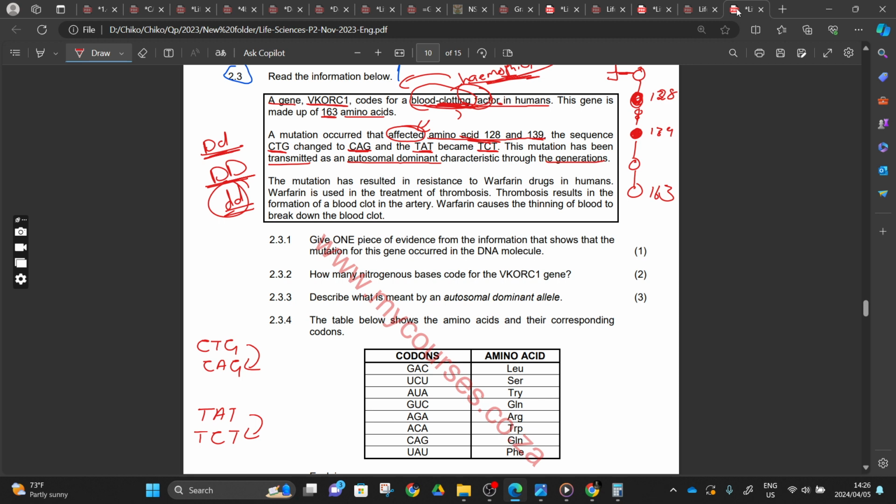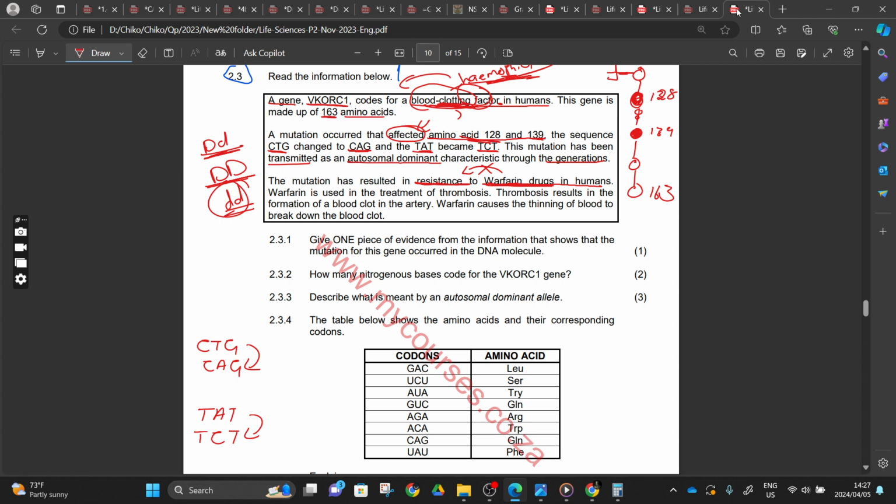And then the mutation has resulted in resistance to warfarin drugs in humans. So resistance, you know this: if we are saying something is resistant to something, it means that when you take these drugs, they are now inhibited. They cannot work best to treat these diseases. It means the drug won't have an effect, right?